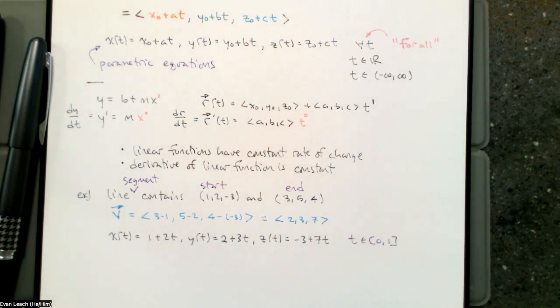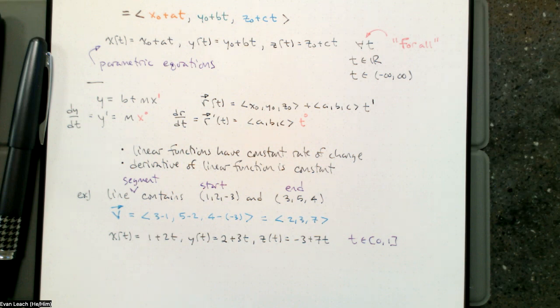When t equals 0, we'll be at the point 1, 2, -3. And when t is equal to 1, we'll be at the point 3, 5, 4. If I want the entire line, I just say for all t.